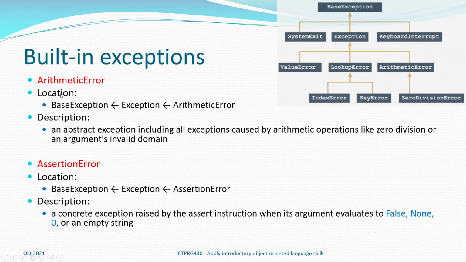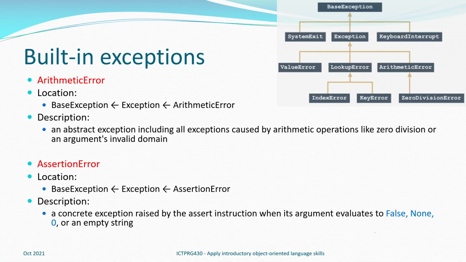So in red we have the error type. The location is coming down the tree from BaseException, and then you can see where it sits, and it gives you a descriptor about the exception. I'm not going to read them all for you. I think you can read it off the screen.